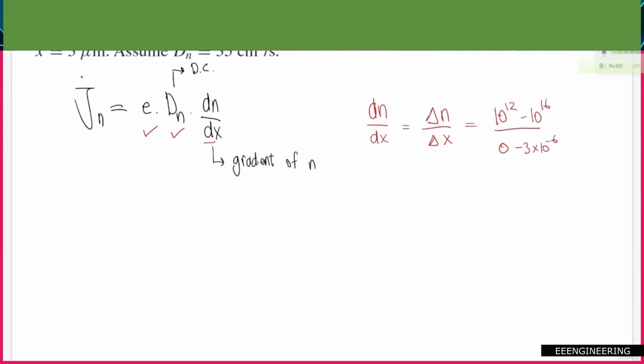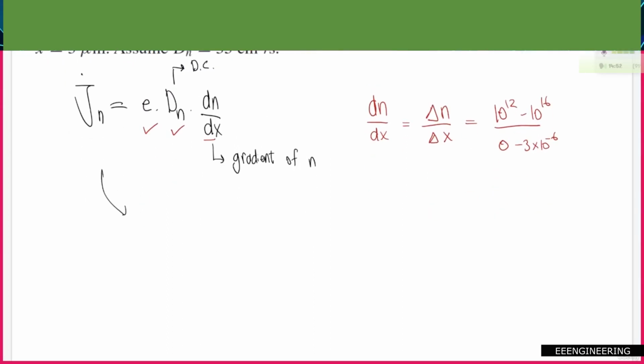So now I'm going to put in the formula. Jn is going to be equal to 1.6 times 10^-19 times D, which is 35, times this particular amount. My calculator will handle it. So 10^12 minus 10^16 over minus 3 times 10^-6.